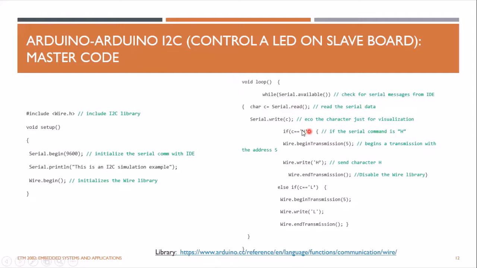And if capital H is received, I'm comparing this variable with capital H. So I'm going to start the transmission using I2C, and that is the command Wire.beginTransmission. More details can be found from this link. And this is my slave address. So both should be the same address.